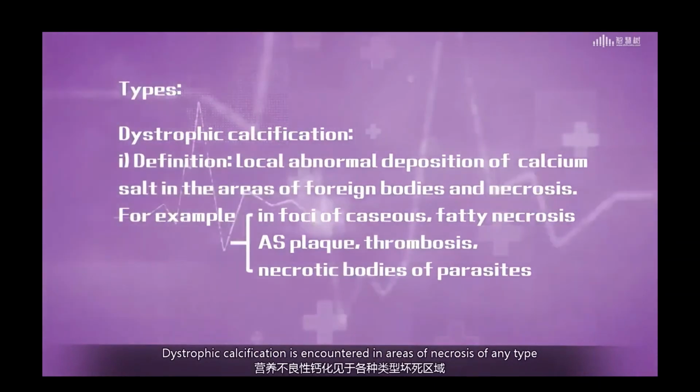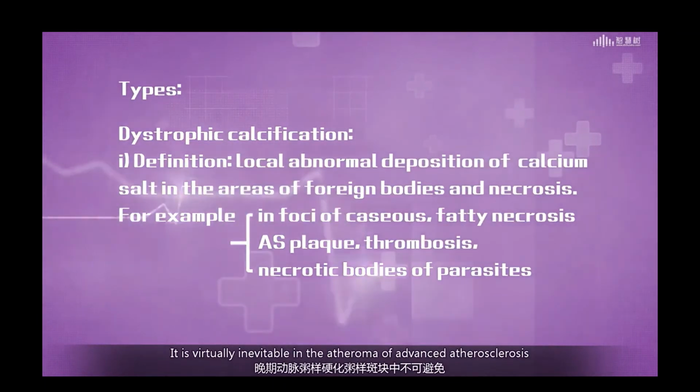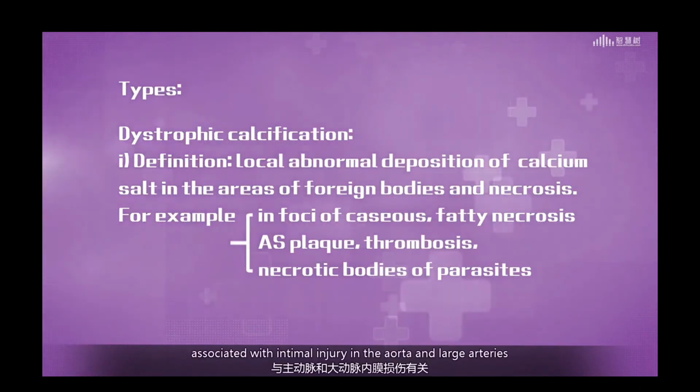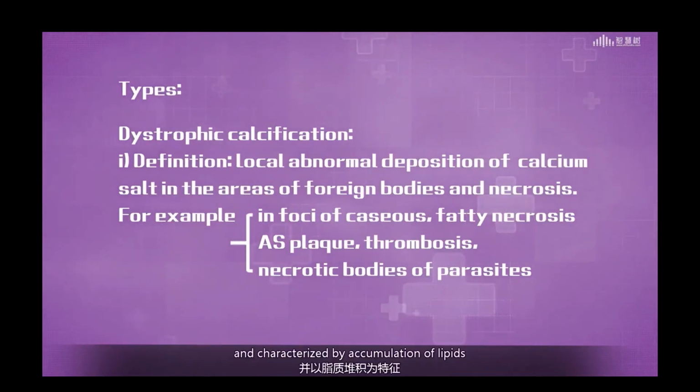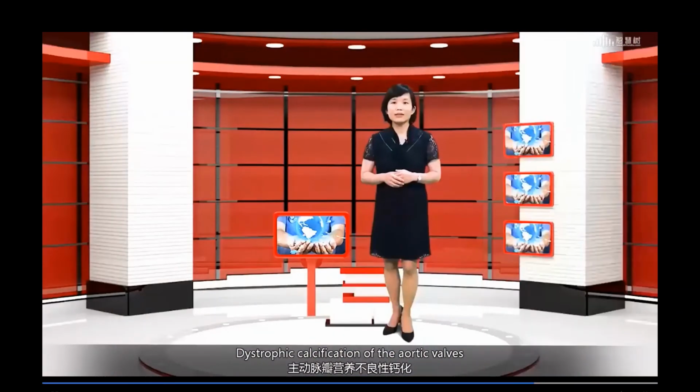Dystrophic calcification is encountered in areas of necrosis of any type. It is virtually inevitable in the atheroma of advanced atherosclerosis, associated with intimal injury in the aorta and the larger arteries and characterized by accumulation of lipids.